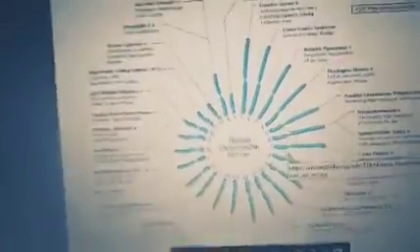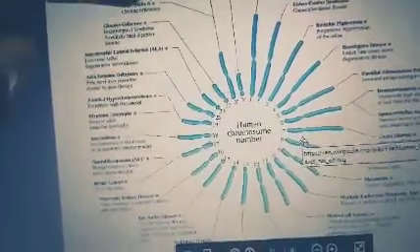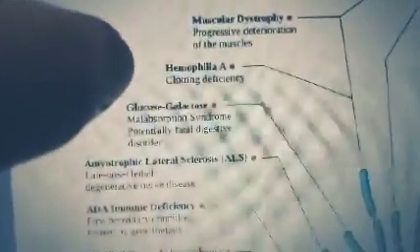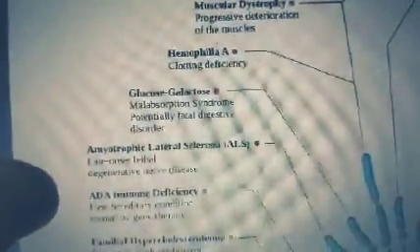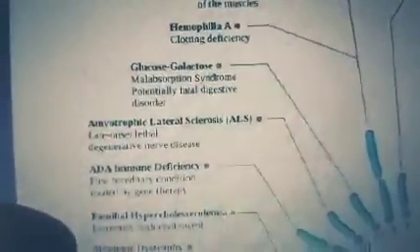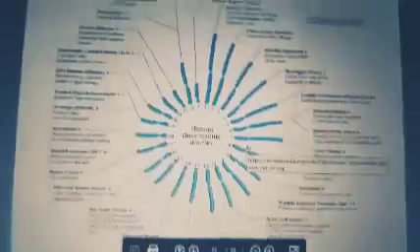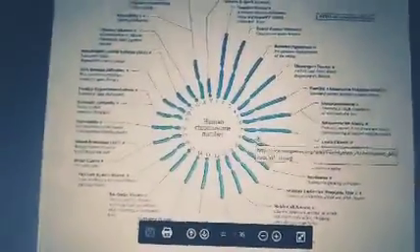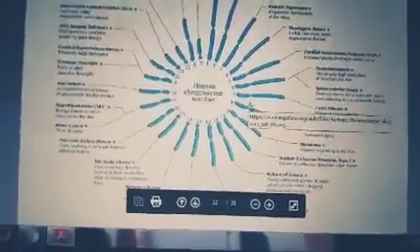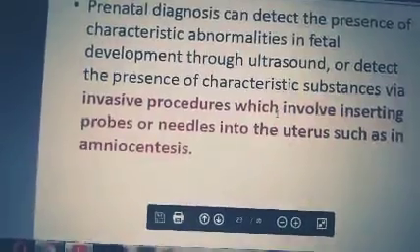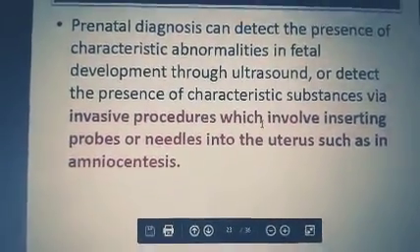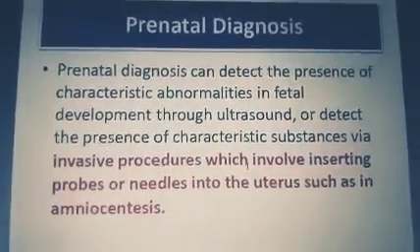In this chart you can see there are basic genetic disorders: muscular dystrophy, hemophilia, glucose galactose malabsorption, amyotrophic lateral sclerosis, immunodeficiency. So there is variability, an uncountable number of genetic diseases which occur rarely in humans. Prenatal diagnosis can detect the presence of characteristic abnormalities in the fetus.